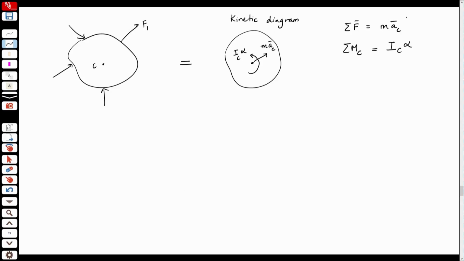So, instead of formulating angular momentum each time, you can always use this kinetic diagram. If you know the moment of inertia about the center of mass, then you can use this diagram to set up your equations of motion.